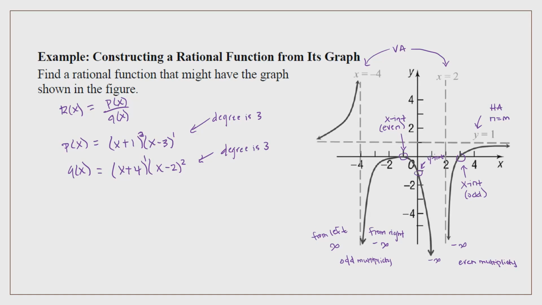So the leading coefficients for both of these are going to be the same. So we know then that r of x equals x plus 1 squared times x minus 3, divided by x plus 4 times x minus 2 squared. And that is our rational function for this graph.